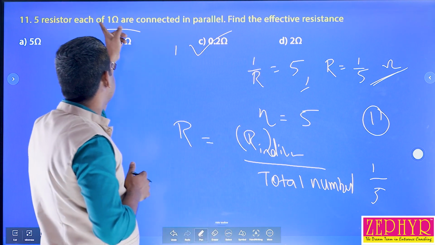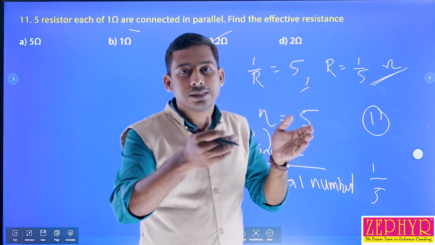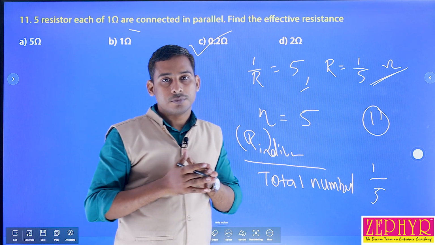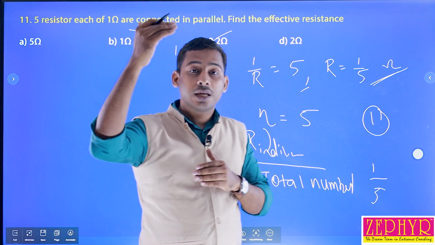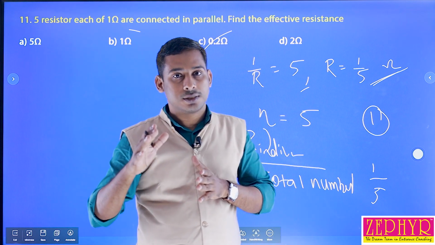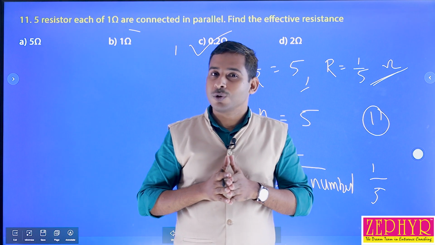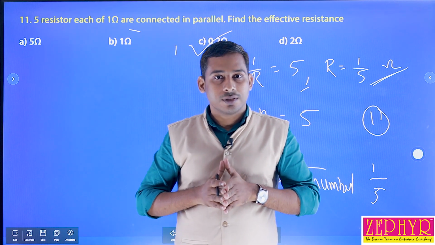They said in the question 1 ohm, so the final answer will be less than this 1 ohm. But in the case of series, the value will come more than the given resistance. Okay, hope everyone got the idea and concept related to the given question.